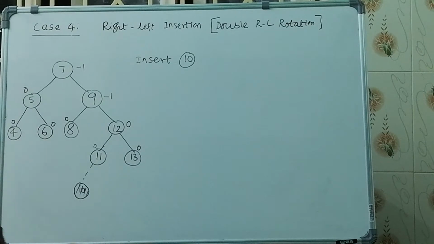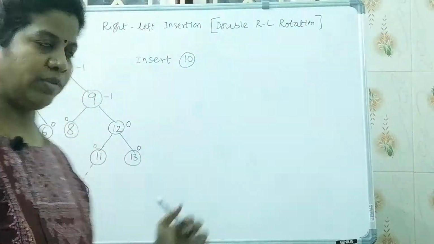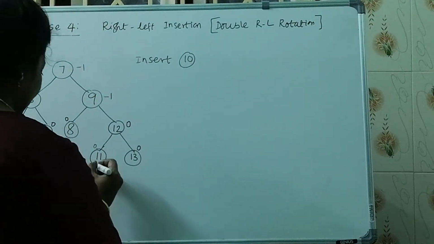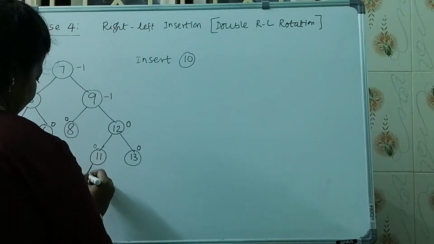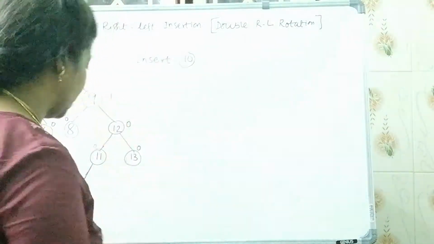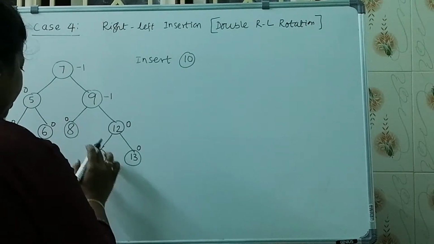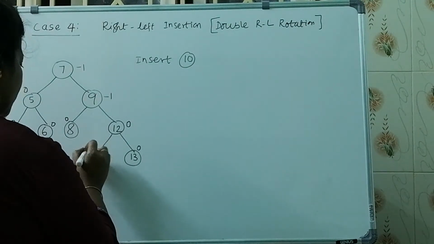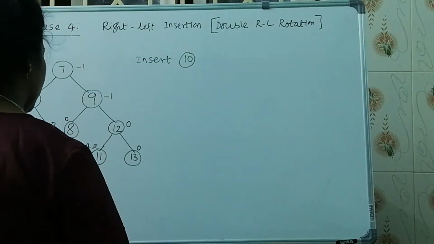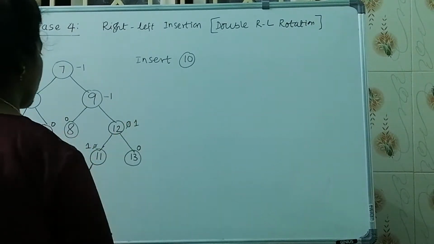Immediately after inserting, let us calculate the balance factor. Now let us do the balance factor for this. As I said, the balance factor gets affected along the path where you have inserted. So now the balance factor for this is 0, and for this it was earlier 0, now it is 1. Now 2 minus 1, it is 1.